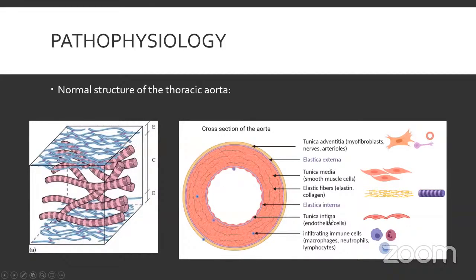Now, both of these components have different functions for the aorta. For example, the elastin is the main component that is responsible for the distensibility of the aorta, and the collagen is usually for the tensile strength. So what do we mean by that?